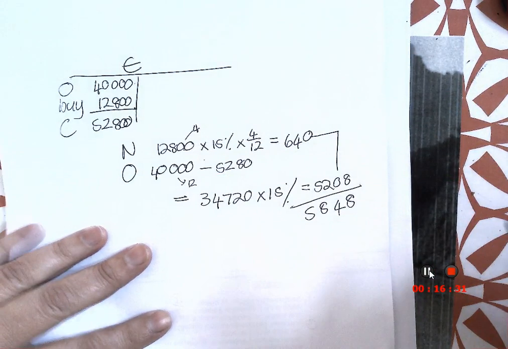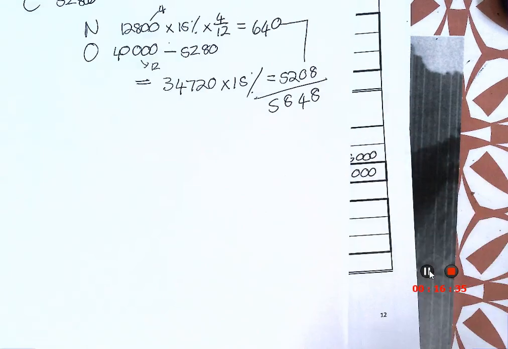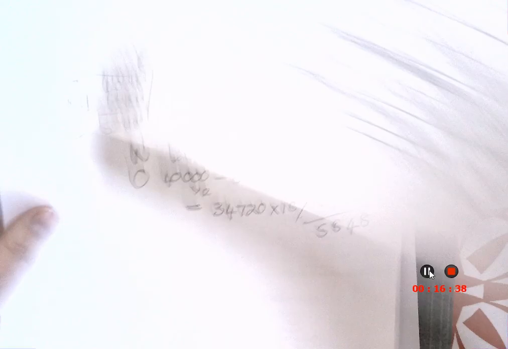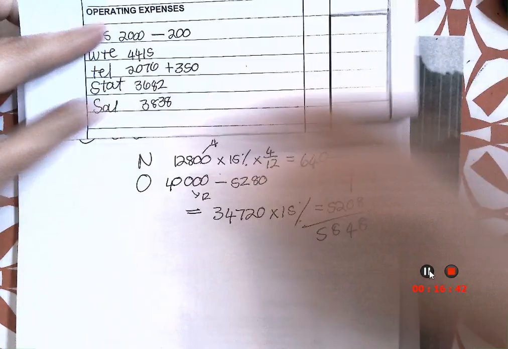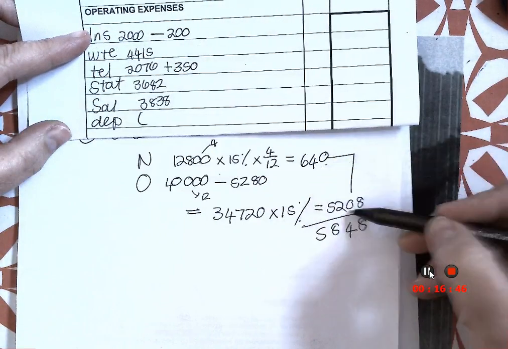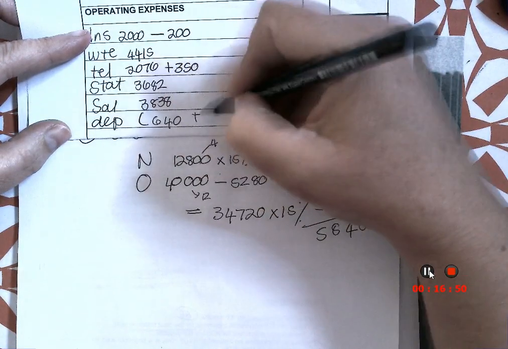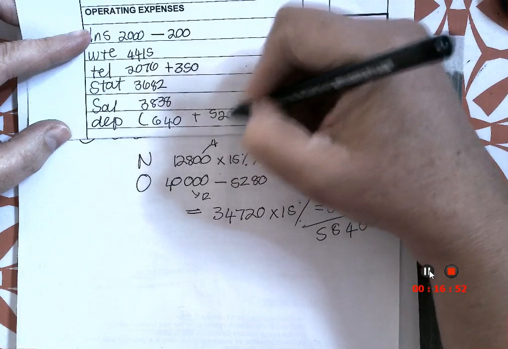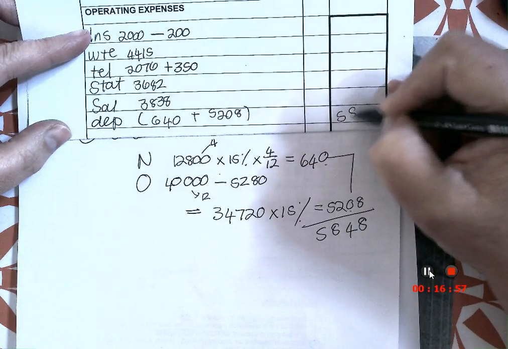When you do your income statement, you're going to write for me depreciation, and you're going to show them separate. 640 plus 5208 gives me 5848.